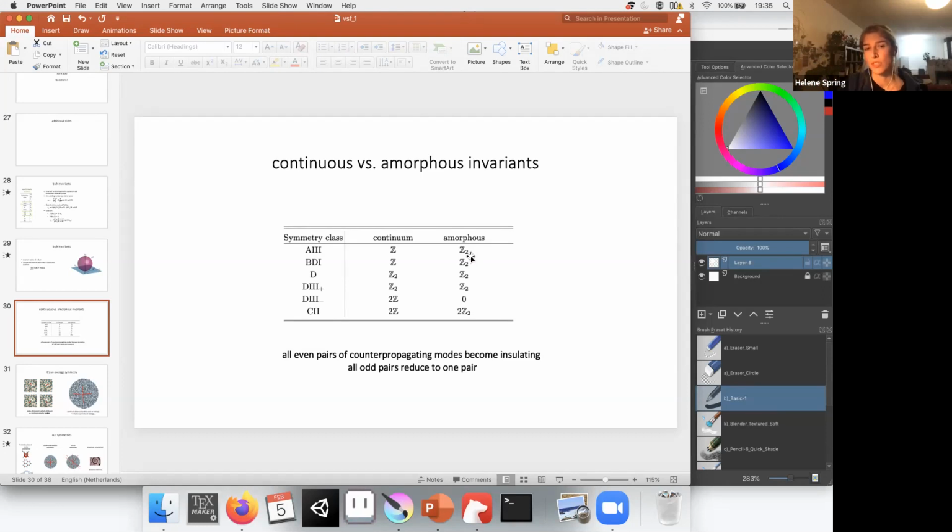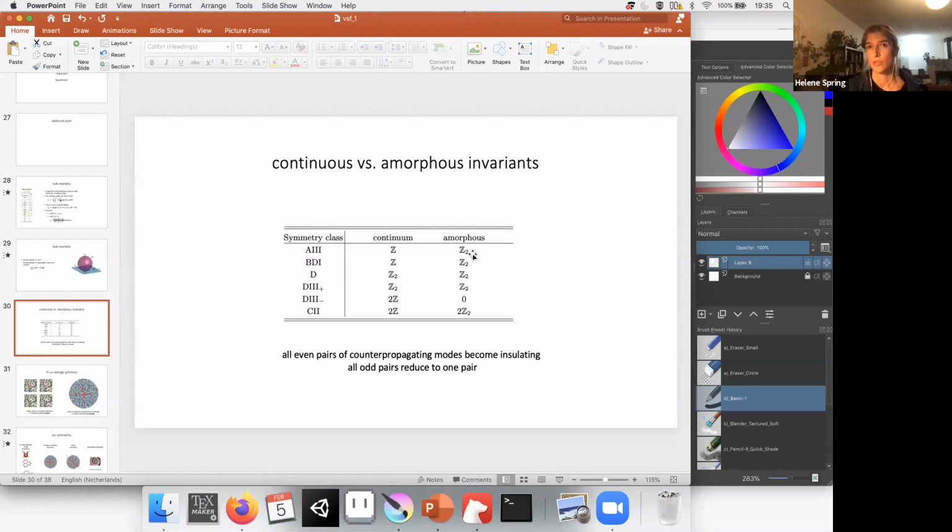The reason for this is in a continuum, you can have several pairs of counter-propagating modes stabilized. You can have an even number, you can have an odd number of them. But when you add disorder, only an odd number of counter-propagating modes survive. So I could imagine a situation where you start with a non-disordered environment, and maybe you have several pairs of counter-propagating edge modes.